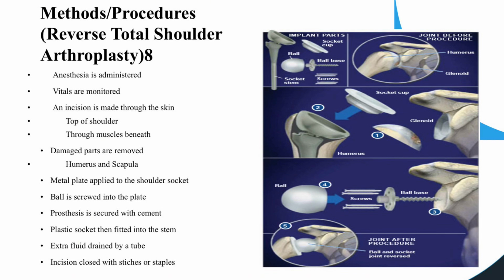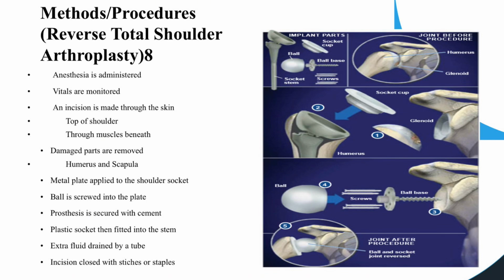After that, the surgeon is going to remove the damaged parts of the humerus and scapula that were causing the pain within the patient. From there, they're going to insert a metal plate that will take part of the socket within the joint, and put a ball into the plate to help with movement.